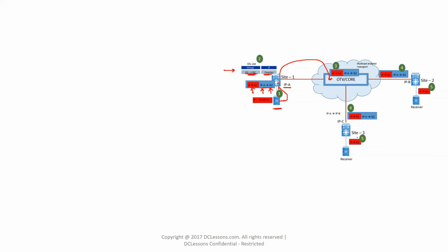Let's suppose at site 3 I also have a receiver, so this multicast stream will be sent to site 2 and site 3. Once this multicast stream encapsulated with the OTV header is received at site 2 and site 3, the edge devices will decapsulate it, and finally the original multicast traffic is sent to the receiver. So this is how your multicast traffic is sent across the multicast infrastructure.